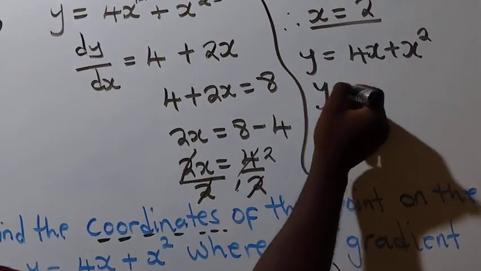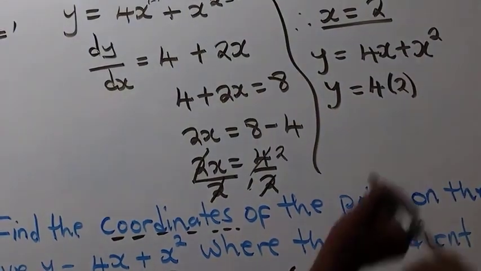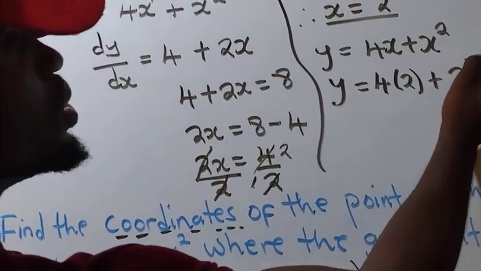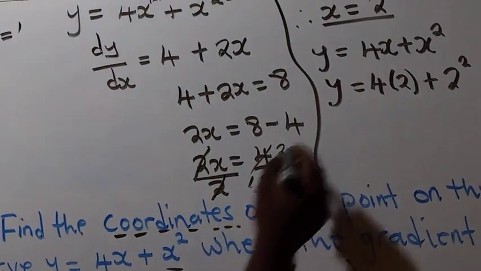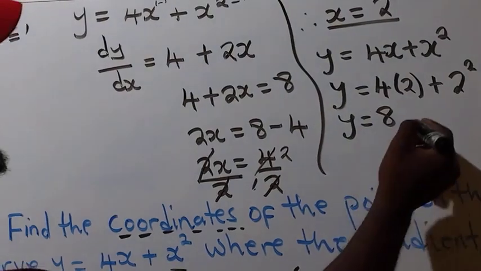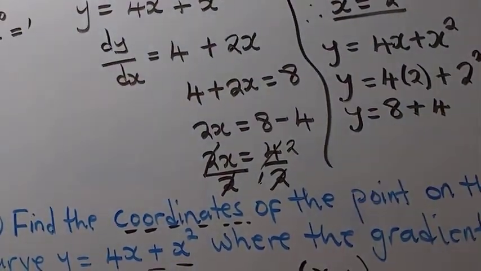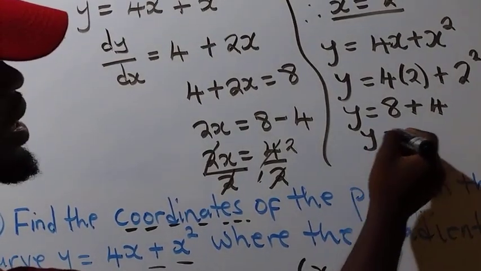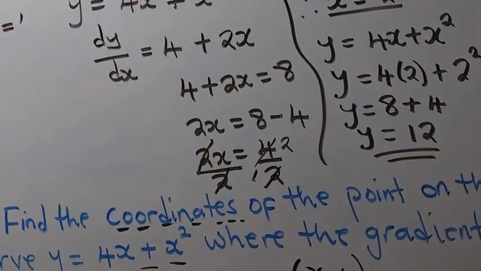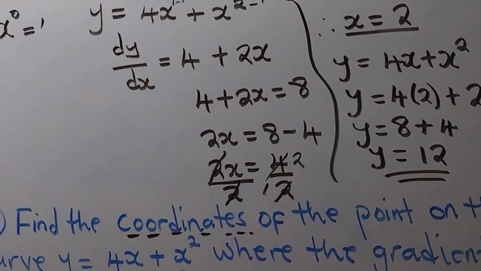So y equal to 4 times 2 plus 2 squared. Y equal to 8 plus 2 to the power 2, meaning 2 times 2 will get a 4. So y equal to 8 plus 4 will get a 12. So x is equal to 2, y is equal to 12.